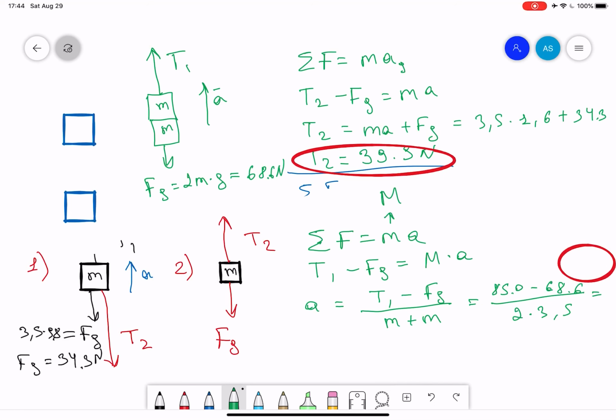Now let's do the calculation: 85 minus 68.6, divided by 2 times 3.5, so we get that our maximum acceleration is equal to 2.34 meters per second squared. So above this acceleration, the string will break. This is what we had to find.